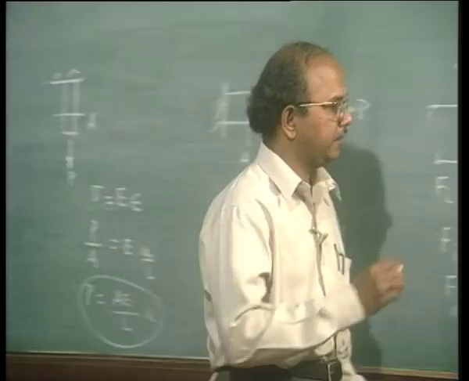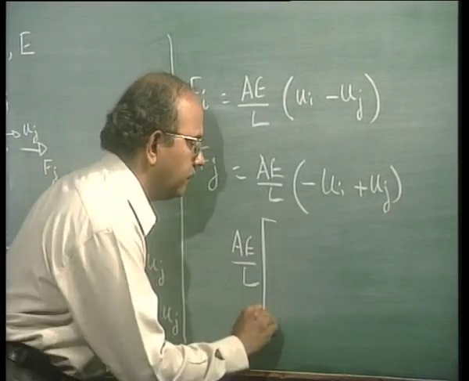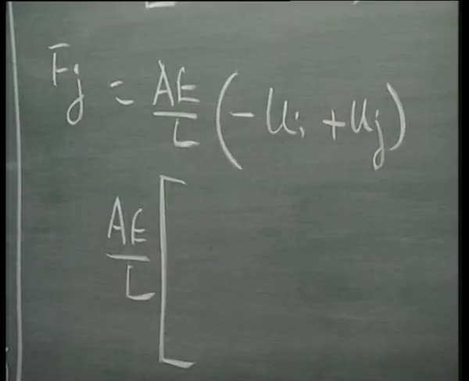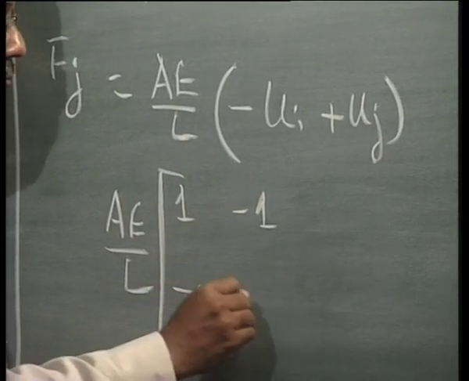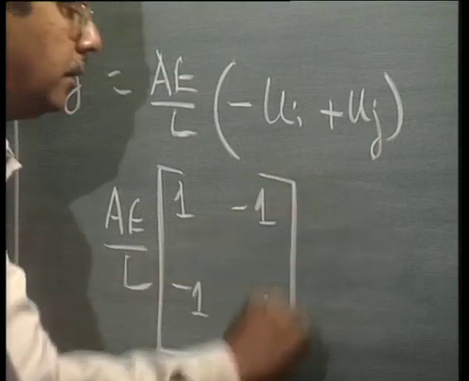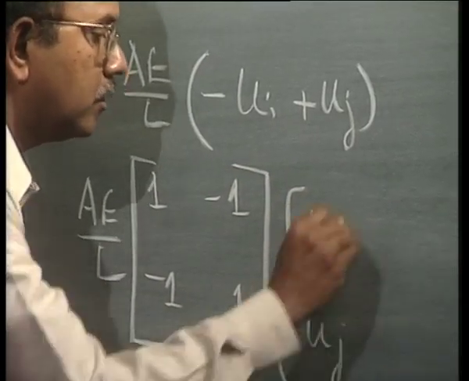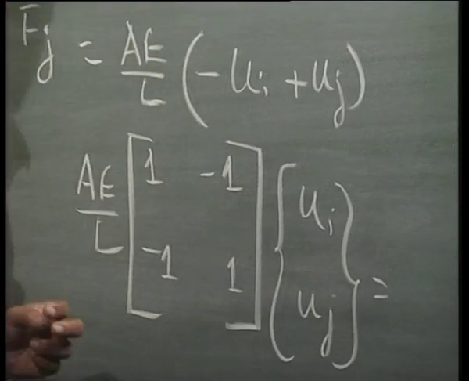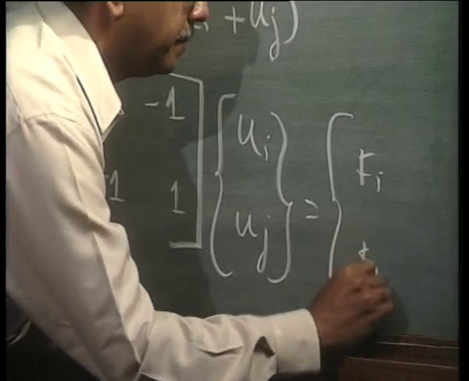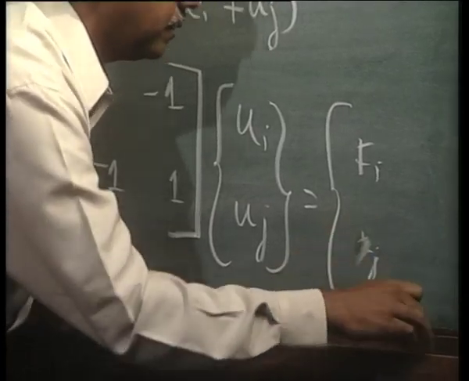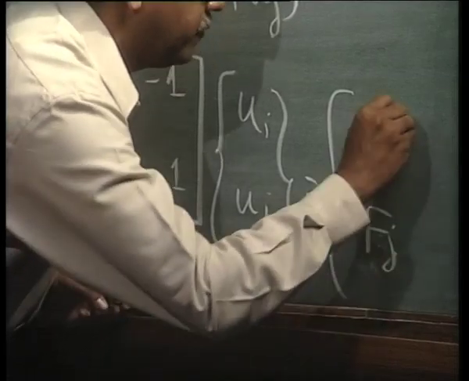What do I mean by that? I can express this as AE by L into [1 -1; -1 1] multiplied by [ui uj] is equal to [Fi Fj].